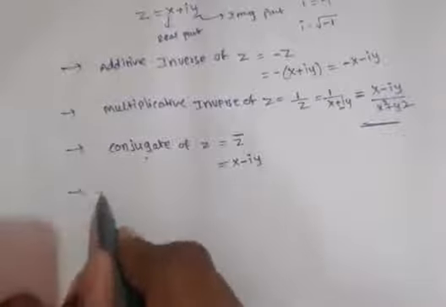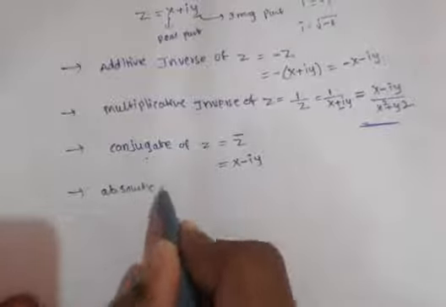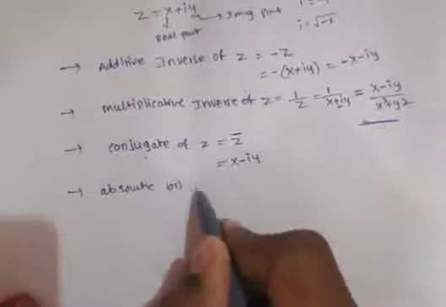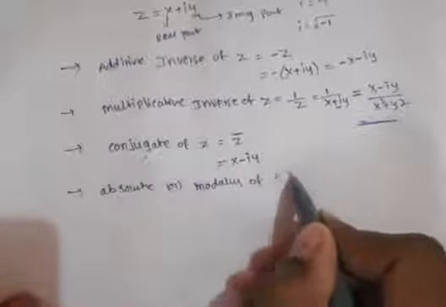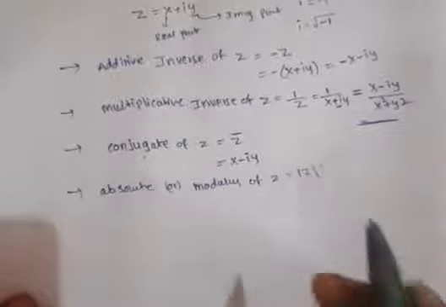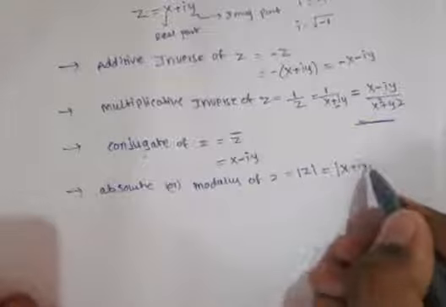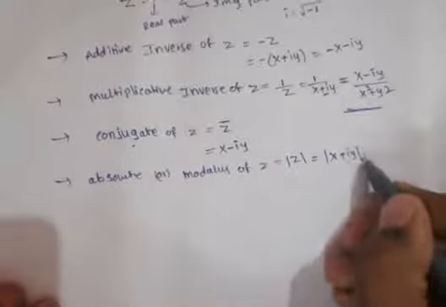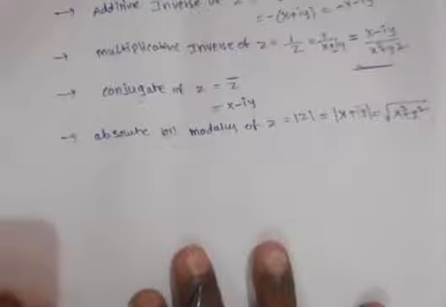Then we will go to absolute value. Absolute value or modulus of z is mod z. Mod x plus iy is equal to under root of x square plus y square.